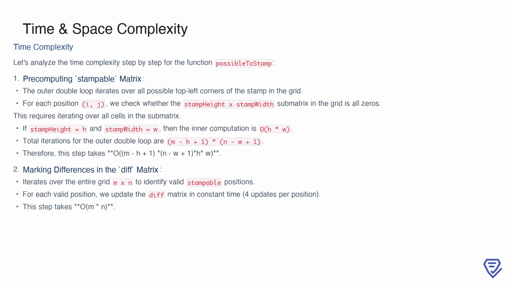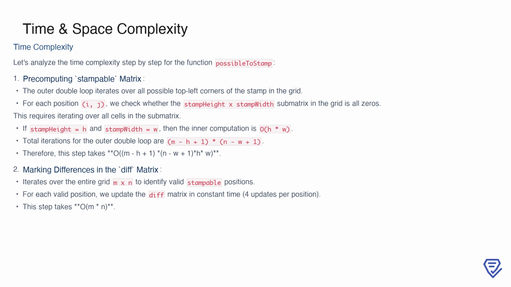This requires iterating over all the cells within the submatrix, which takes O(h * w) time per position, where h and w represent the stamp's height and width. Since the outer double loop iterates over (m - h + 1) * (n - w + 1) possible positions, the total time complexity of this step becomes O((m - h + 1) * (n - w + 1) * h * w).